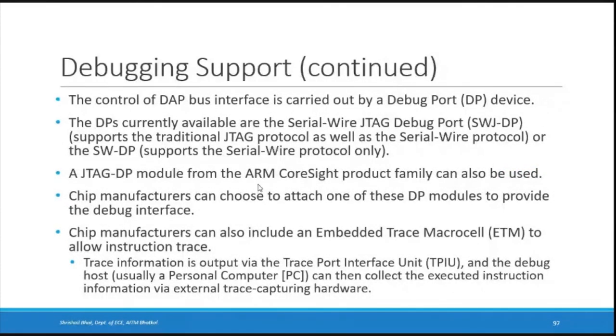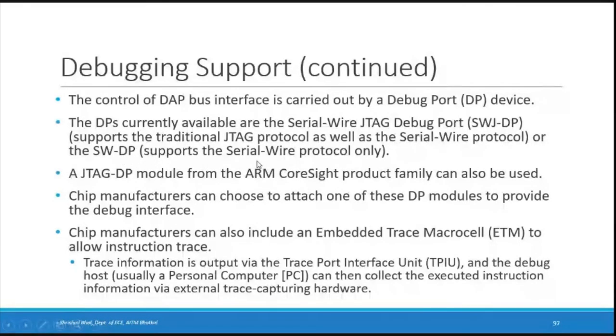The control of this DAP bus interface is carried out by a DP device, that is, debug port device. The DPs currently available are the serial wire JTAG debug port, SWJ-DP, or the serial wire debug port, SW-DP. SWJ-DP supports the traditional JTAG protocol as well as the serial wire protocol, whereas the serial wire debug port supports the serial wire protocol only.